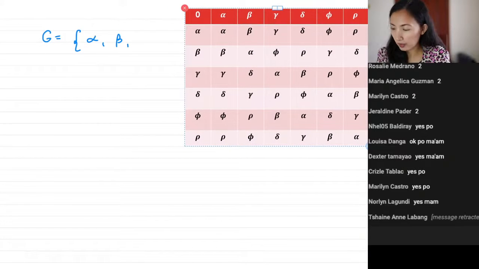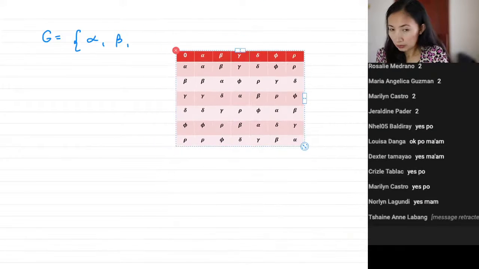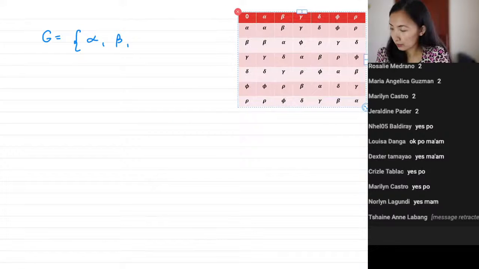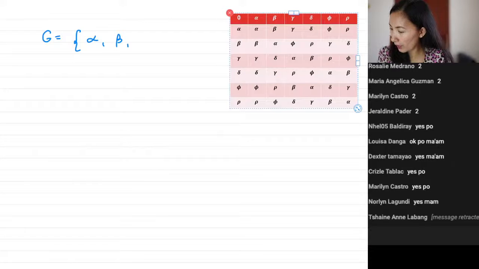Klaro ba siya? Nakikita nyo? Kita nyo yan? Okay, so alpha, beta, gamma, delta, phi, and rho.